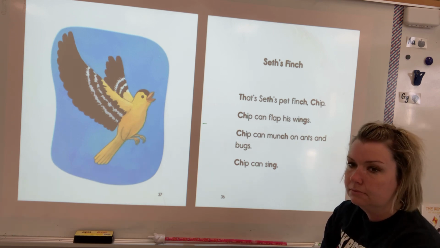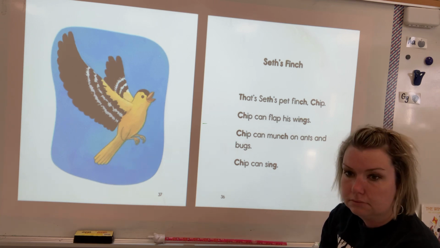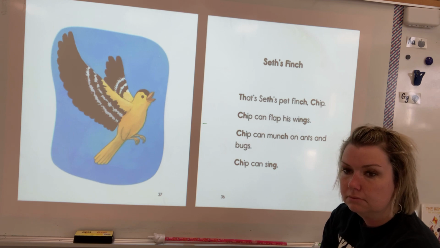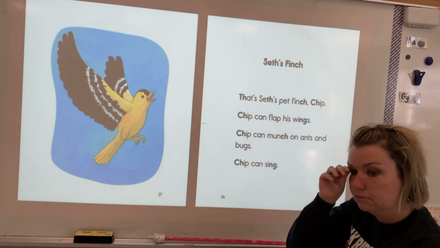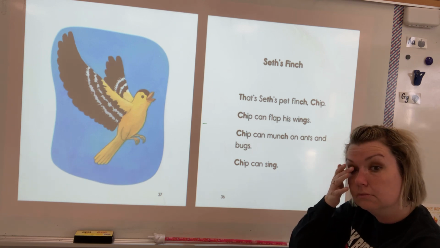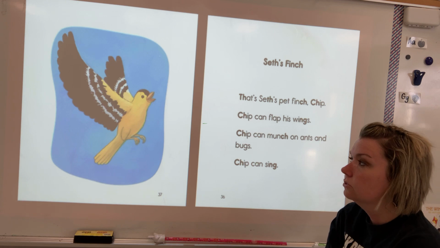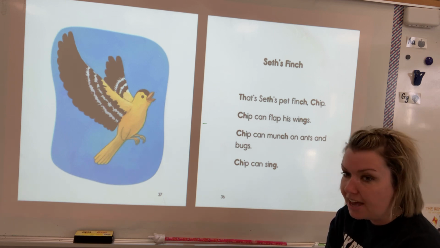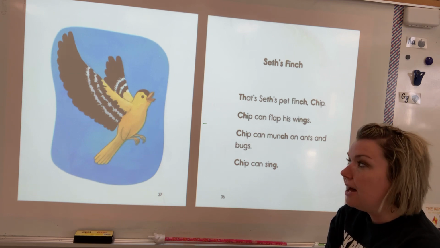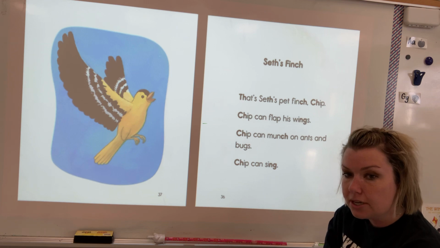The body is yellow, and the wings' big part is black, and it has 2 white stripes. Excellent. I like the way you described that. Seth's finch, the body is yellow and the wings are black with 2 white stripes.